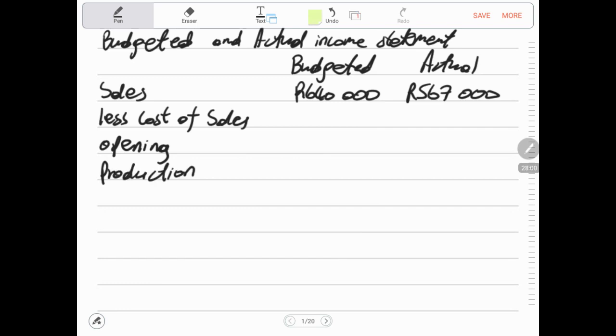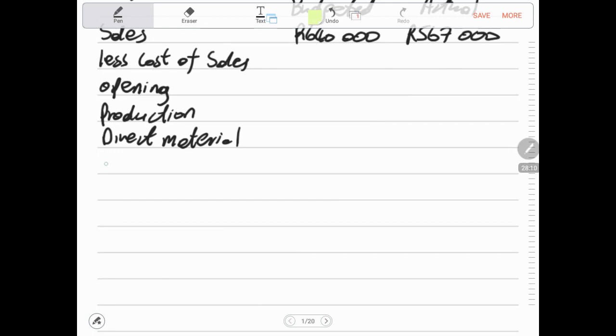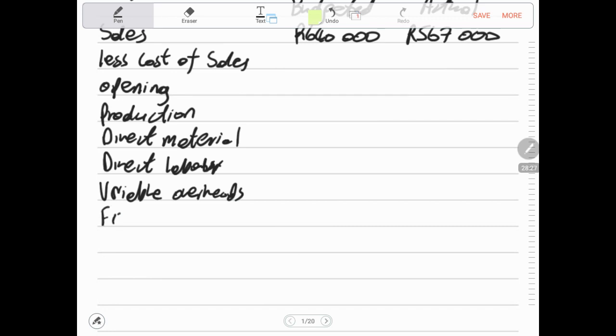Then my production is divided into three: direct material, direct labor, variable overheads, and then after I will have my fixed overheads, meaning fixed cost. That's what I'm talking about.